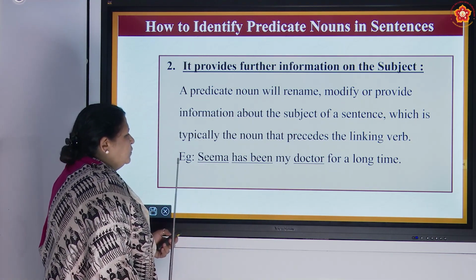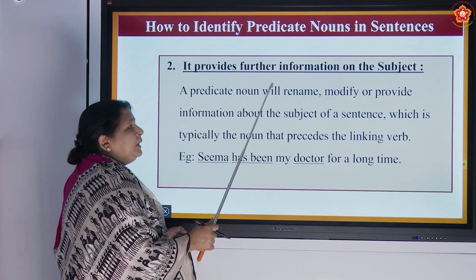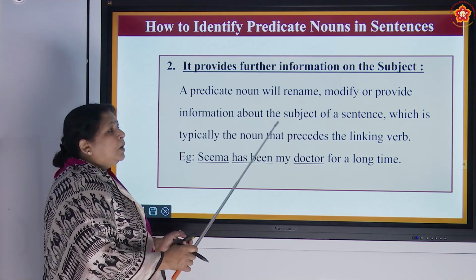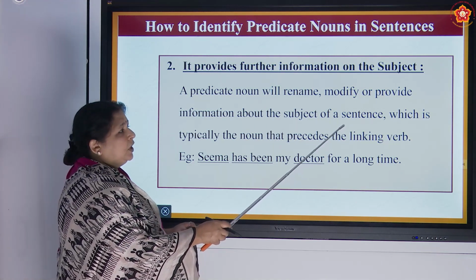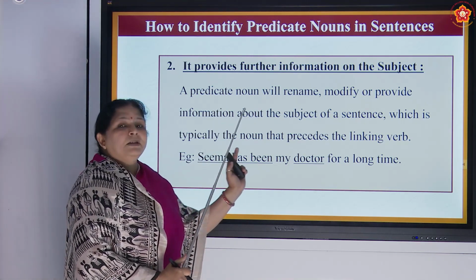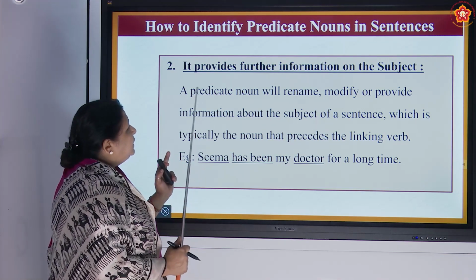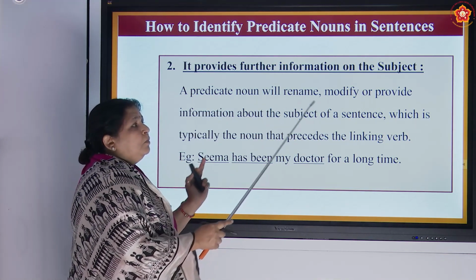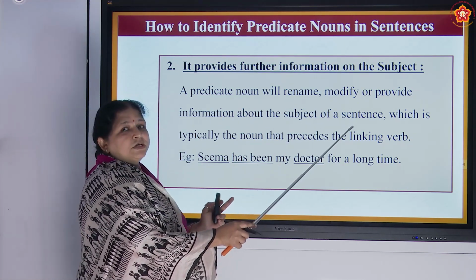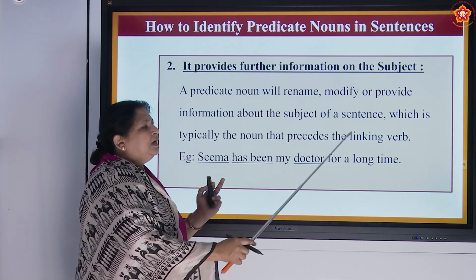Let me read this again. In a sentence the subject will be there and then the predicate will be there, right? The predicate noun will rename, modify or provide information about the subject of a sentence, which is typically the noun that precedes the linking verb.